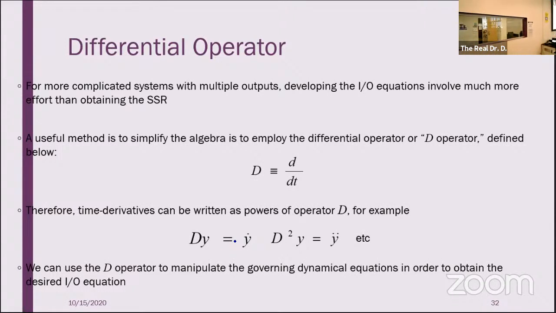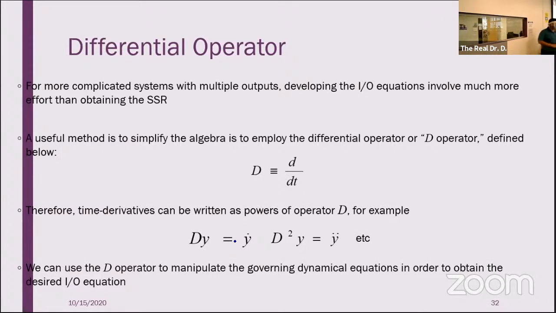But it's often useful to simplify our input-output equations and use algebra. And we can replace some of our things with this D operator. What is the D operator? Capital D is d/dt.